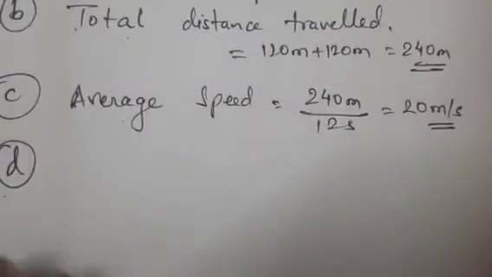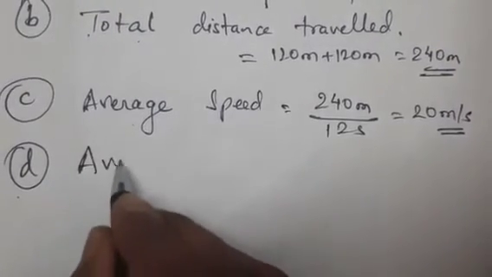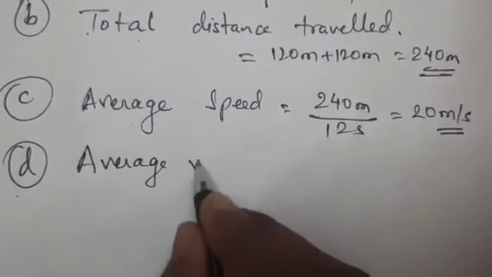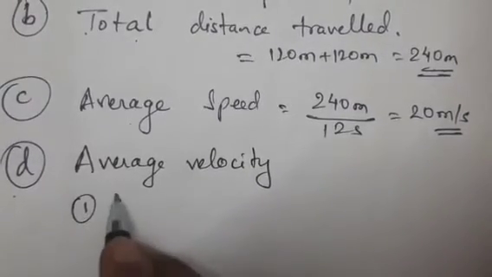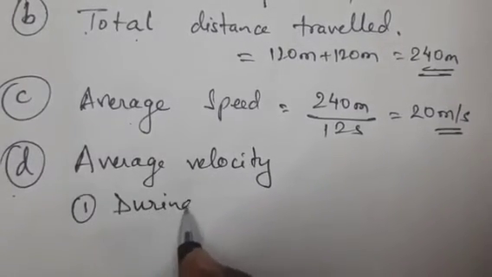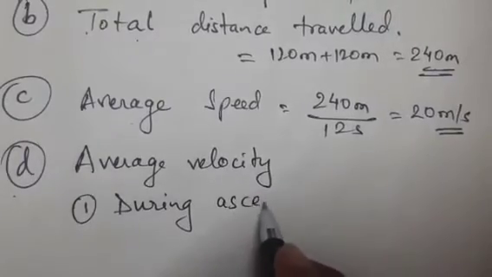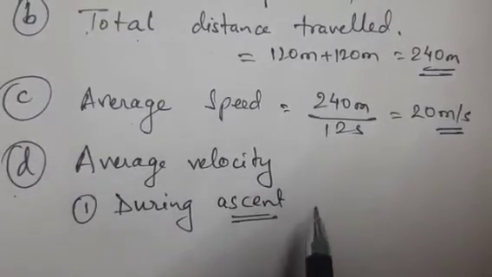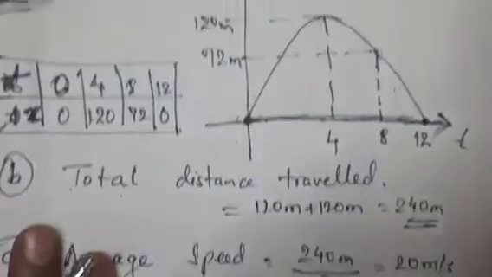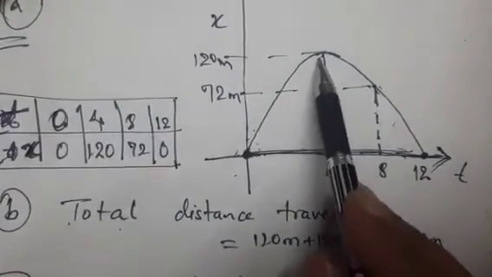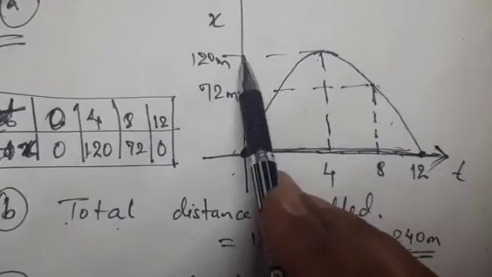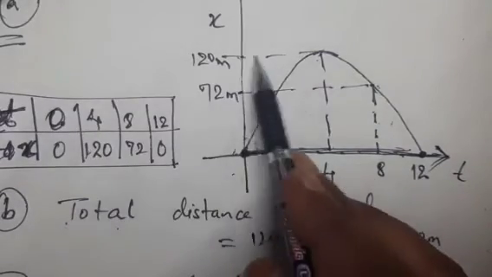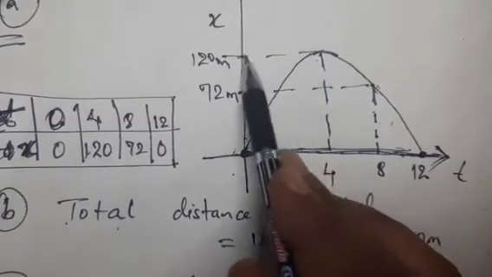So during ascent, in the D part, we have to find average velocity. As again we'll move towards the graph, as we can see, during the ascent, in the first 4 seconds, it has acquired a height of 120 meter.